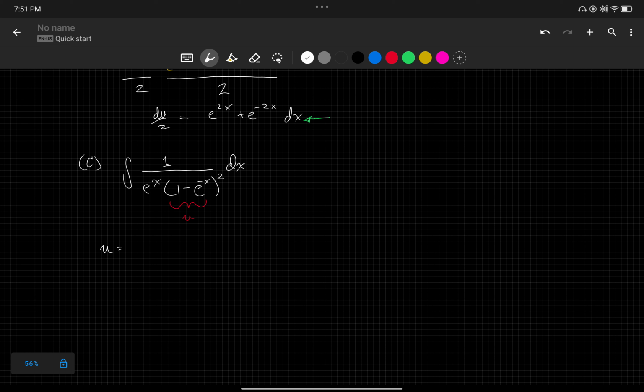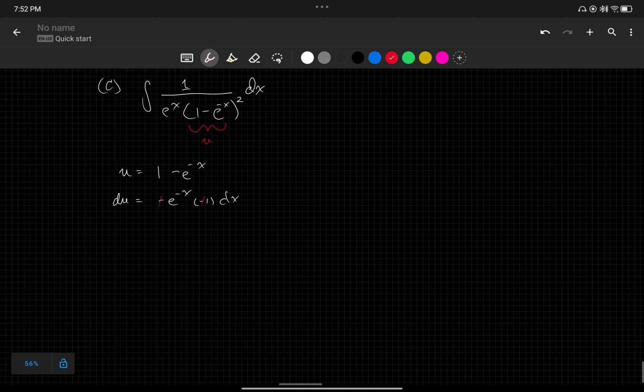Okay, so let's see, 1 minus e to the negative x. And then we'll see what happens. Du, take the derivative, negative e to the negative x. Chain rule kicks in, times the derivative of negative x is negative 1. Then dx. Well, that negative and that negative go away. So what do I have left?